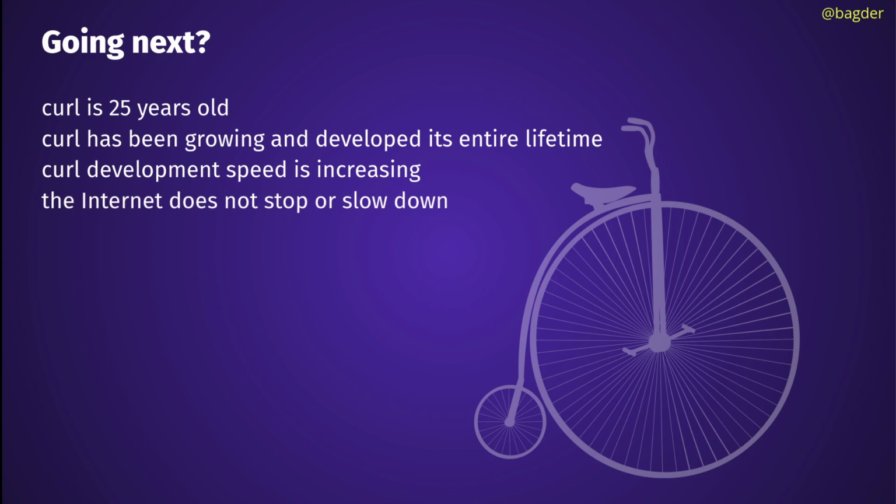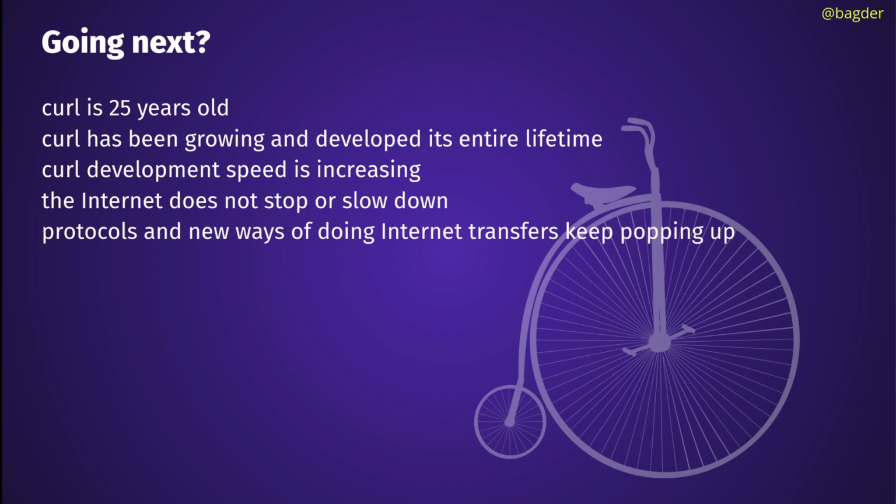That, combined with the fact that the internet doesn't really stop or slow down. I mean, it keeps changing. We don't do things today like we did even 5 years ago. Compared to 15 years ago, things are different. So curl needs to keep up. If we want to do internet transfers with curl, we need to keep modifying and improving curl all the time, right?